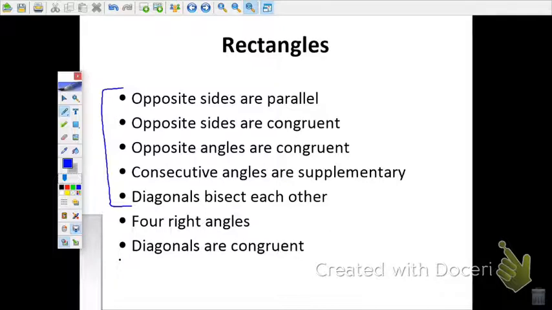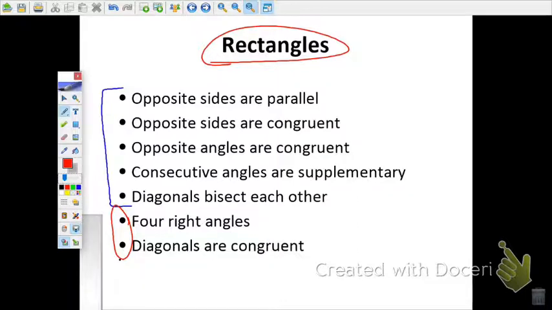The last 2 are new and apply only to this idea of a rectangle. So the regular parallelograms that we looked at last week didn't necessarily have these 2 properties. But specific to rectangles are these last 2 properties. Rectangles have 4 right angles, which we know previously, and their diagonals are congruent.